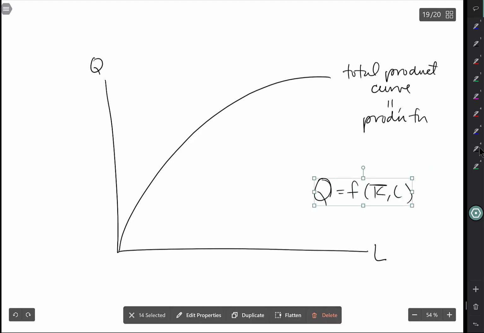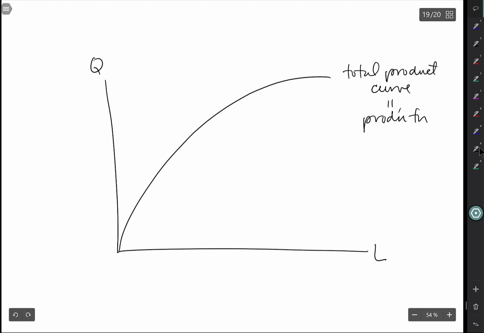Why did I mention this? Because the slope of any total is always the marginal. The marginal is the slope, it's the rate of change. So anytime you're plotting a total and you find the slope, mathematically it's the derivative of the function. If you don't know what a derivative is, that's okay. You don't need to worry about it for this class.